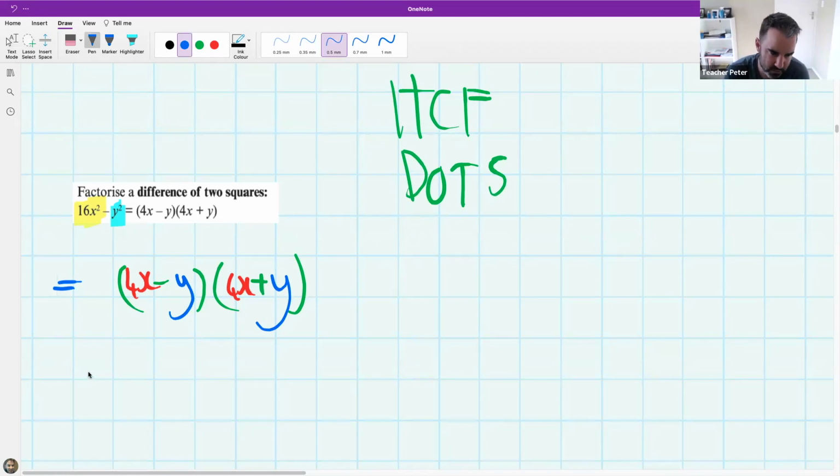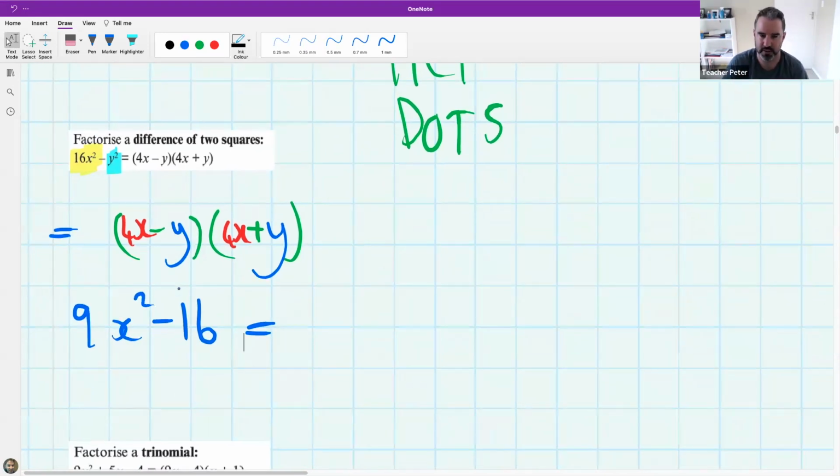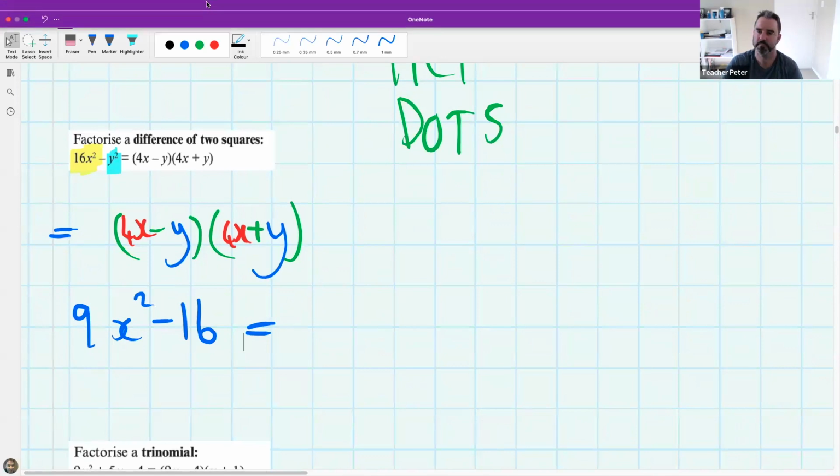So let me make up an example. If I say to you, what is 9x squared minus 16? Could you factorize that for me?